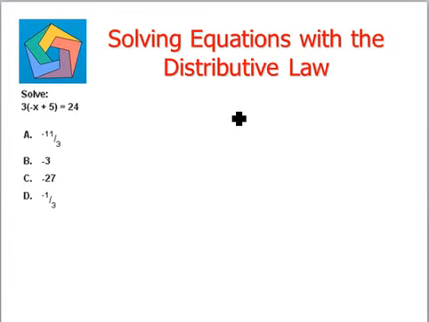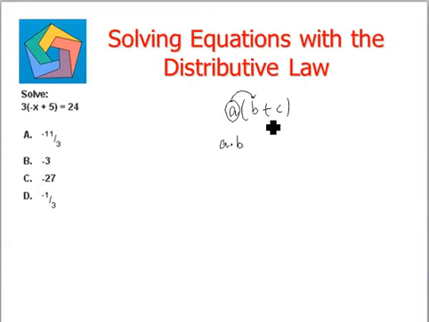Let's take for instance we give an expression a(b + c). Now as per the distributive law, the quantity a outside the parentheses is distributed among the quantities inside the parentheses. How we do it is we first multiply a with b, that is a times b.